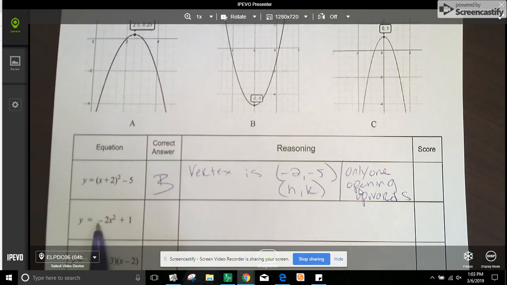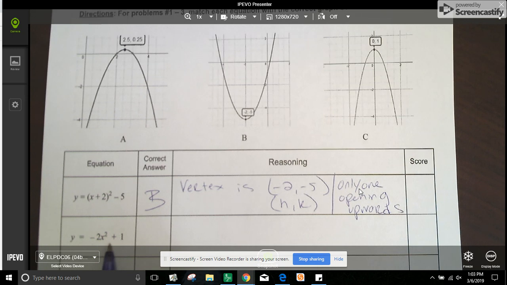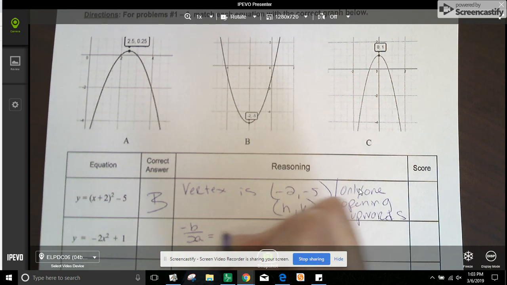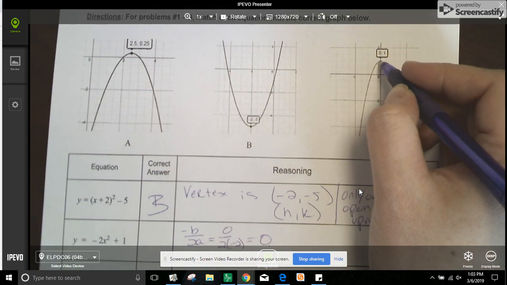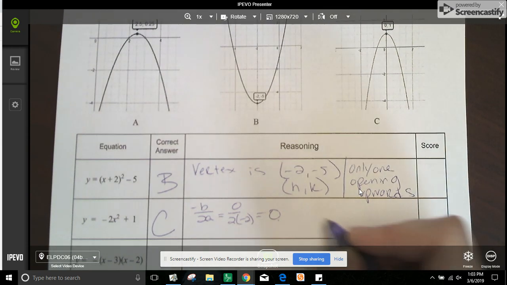For the second one, I would probably do something with my vertex again. So my vertex was negative b over 2a. So 0 over 2a, which is 0. So I know my vertex is at 0, 1. So then that has to be C.